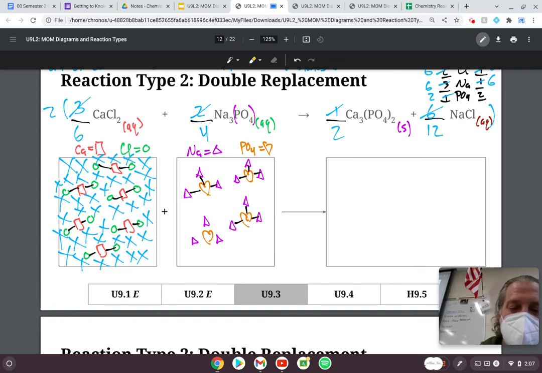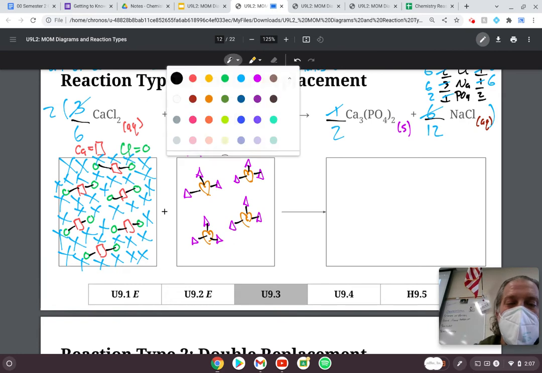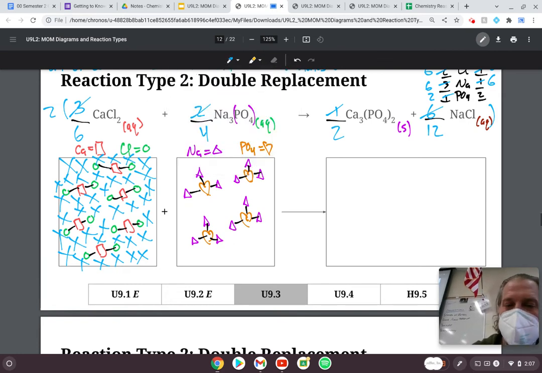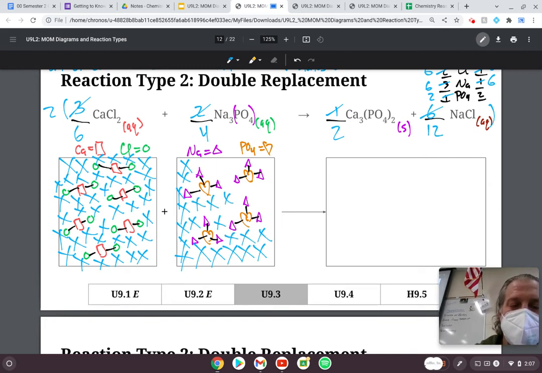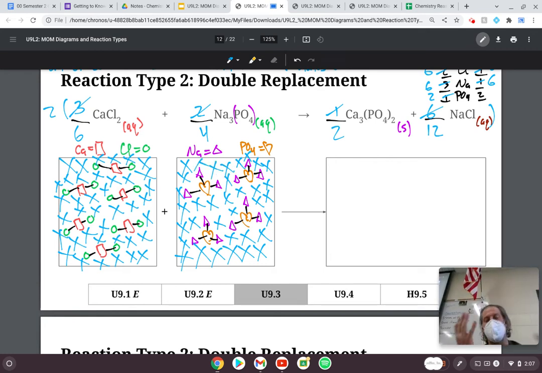And then lastly, I'm going to add water to show that they are dissolved in water, meaning that this is a true aqueous solution. I'm just trying my best to show that they're all surrounded by water.